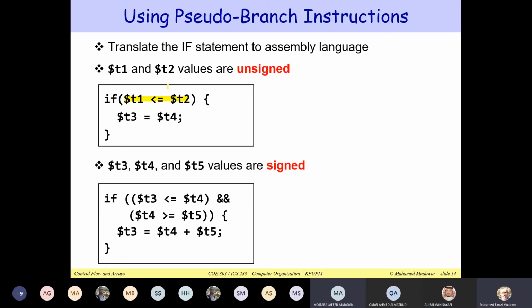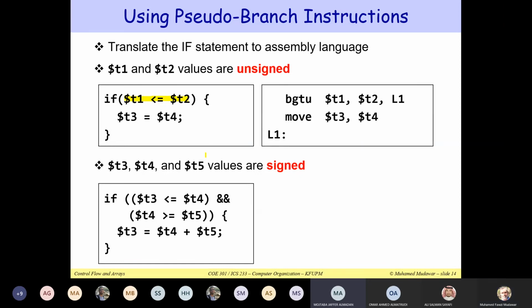Exactly. So we can branch if the condition is false. I can branch outside the statement. So the idea of branching is to skip. I would like to skip the if statement if it is not less than or equal. What is not less than or equal? Greater. Exactly. Greater.